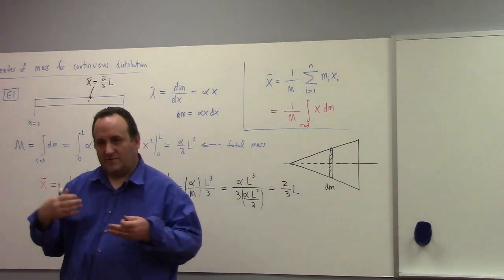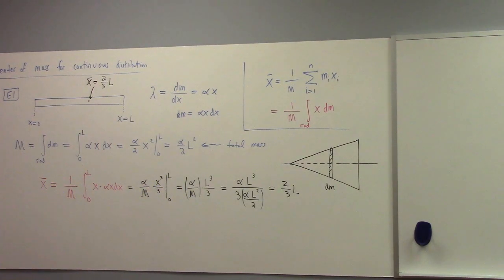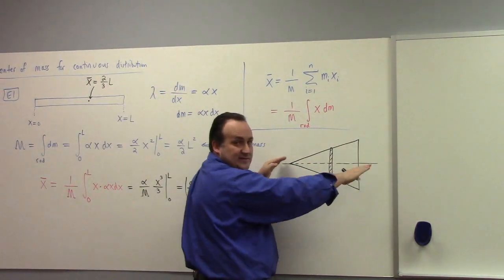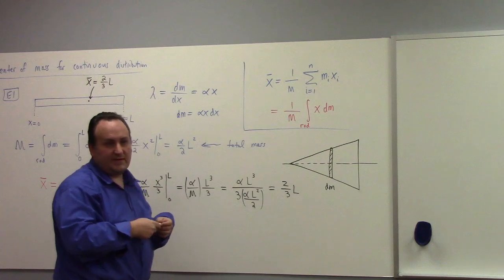It would be proportional to how far over you are, linearly so, and it would be the same mathematics. And then the symmetry of the problem suggests that the center of mass has to be on this line. So you could think of it one-dimensionally.